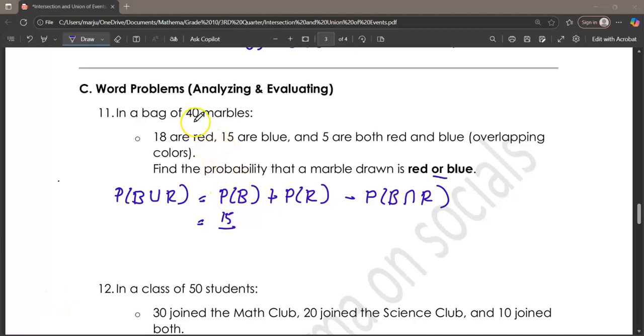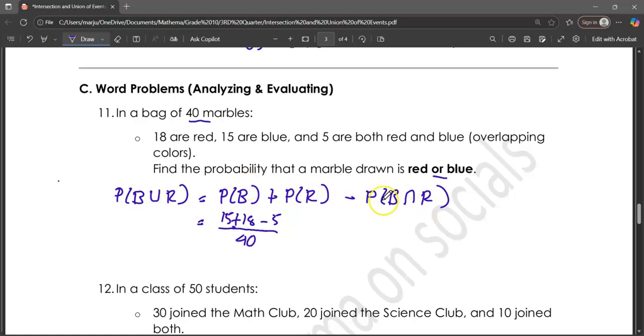But again, we are given that there are 40 marbles. So that's 15 plus 18 minus 5 over 40, right? Let's look for blue muna, or we can just do this one directly, okay?